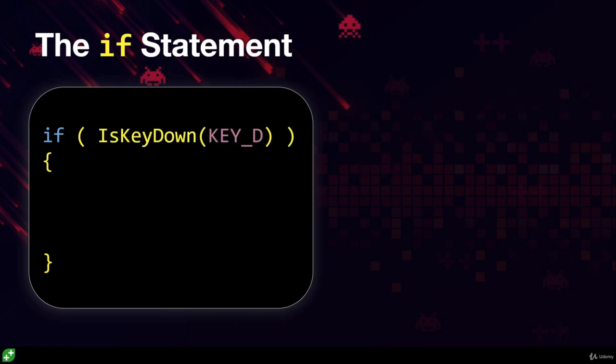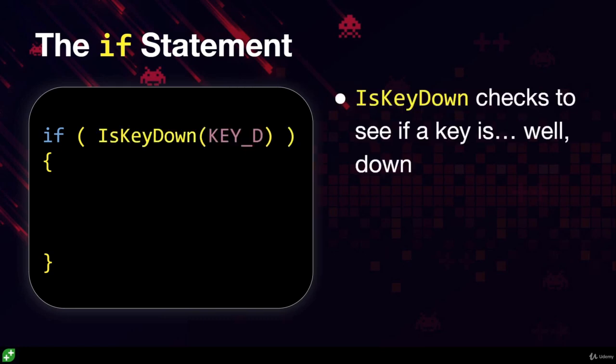Now, raylib contains a function that will tell us whether or not we're pressing certain keys. It's called isKeyDown, and it takes an input for the key. Now, this input is of integer type. So how are we supposed to know which integer is used for the D key?